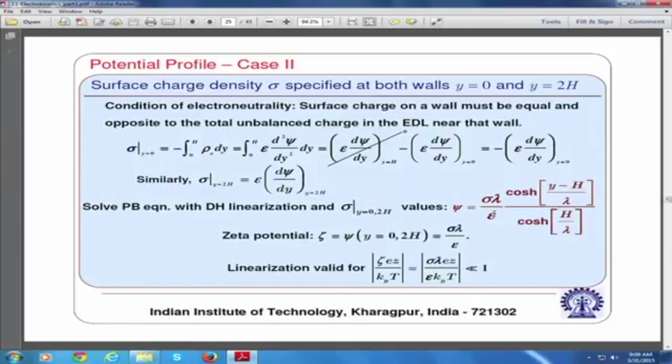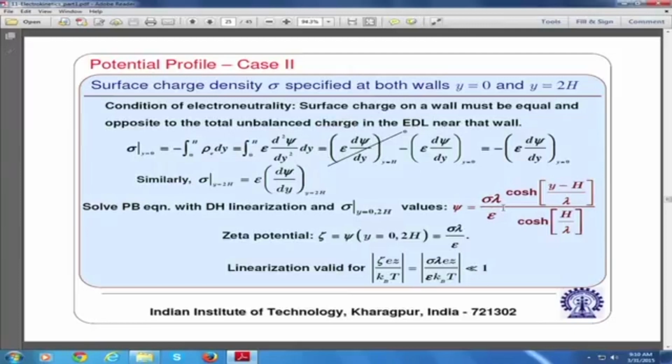So what you do is, in the previous expression whatever was the expression for psi, you find out d psi dy and set d psi dy at y equal to 0 and equate that with sigma. So you will get the zeta potential is equal to, so instead of psi equal to zeta into cosh this, you will get sigma lambda by epsilon into cosh this. That means zeta is replaced by sigma lambda by epsilon, and you see there is an intuitive physics behind this.